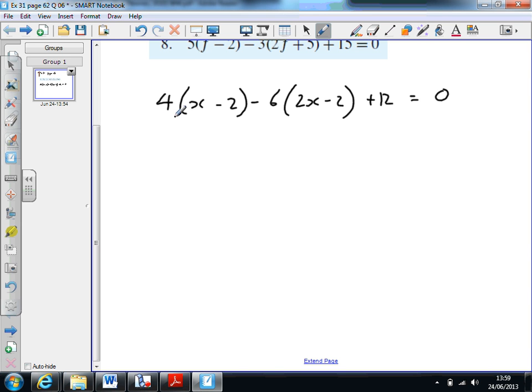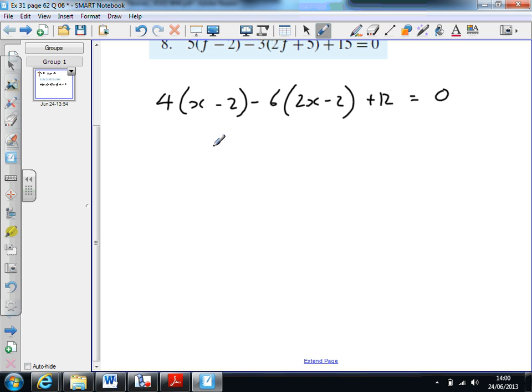If I divide the left-hand side by 2, then I'm dividing this by 2, this by 2, this by 2, and the right-hand side by 2. I'm dividing everything by 2. Looking at just this one, if I divide this by 2, the first term, then actually, because these are multiplied 4 times the bracket, I could actually just cancel the 2 into the 4 to leave me just 2 outside.